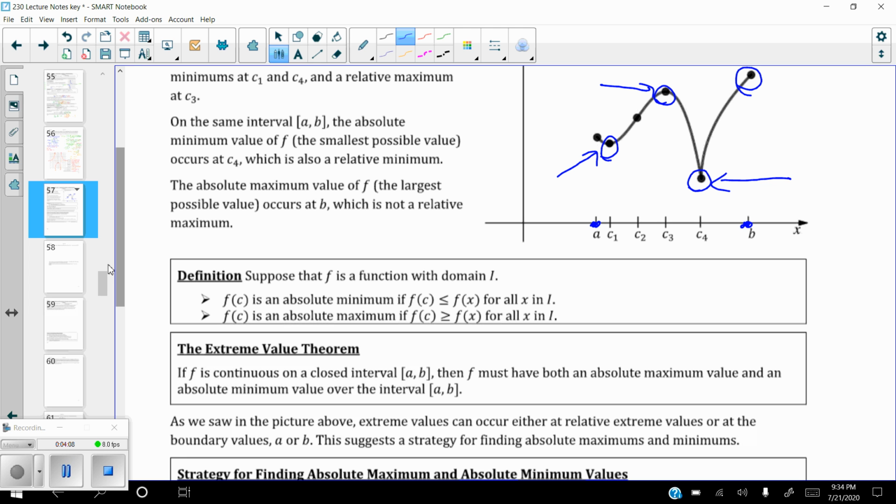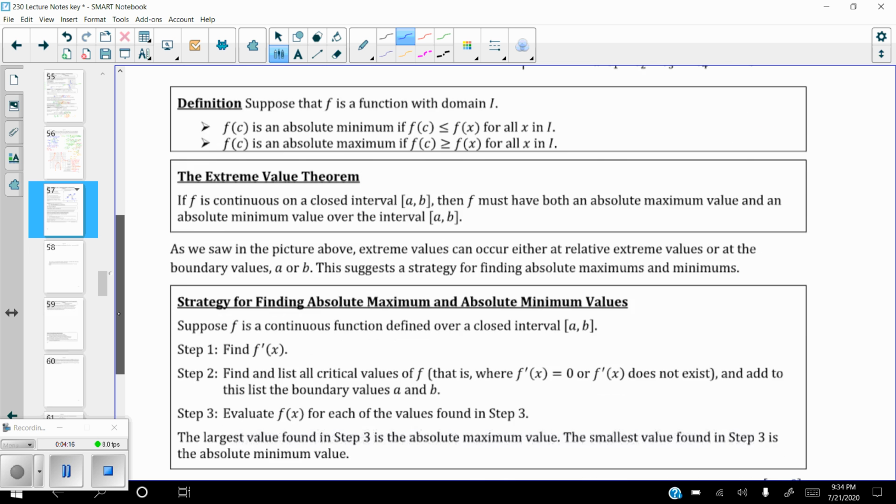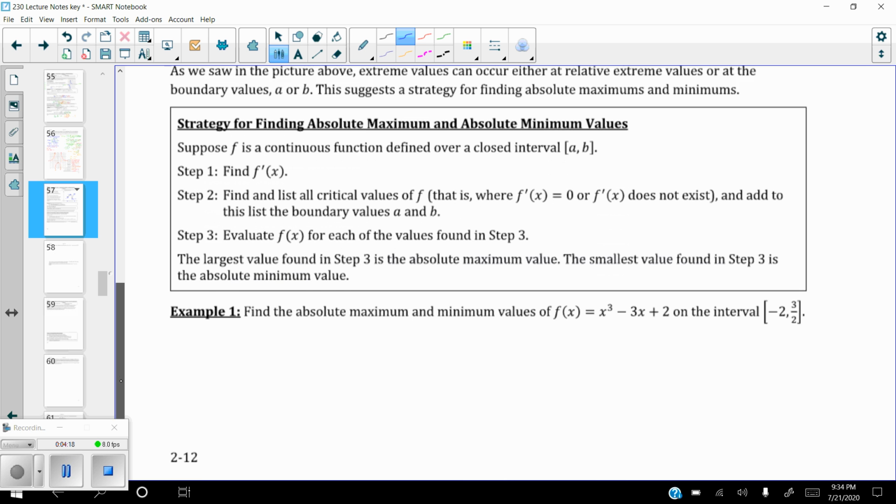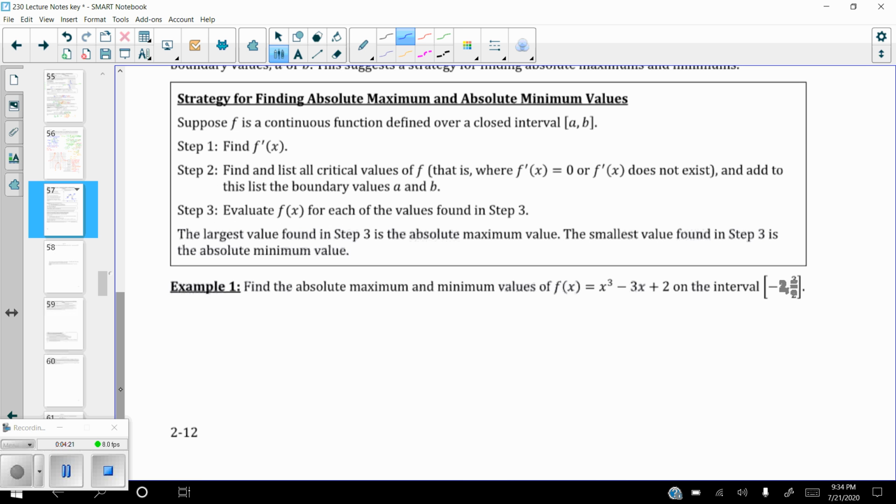So as we saw in the picture above, the extreme values can occur at either a relative extreme or at the boundaries. Really, the easiest thing to do is to find these. This is not going to be difficult. You are simply going to find your relative extrema by doing the first derivative test.